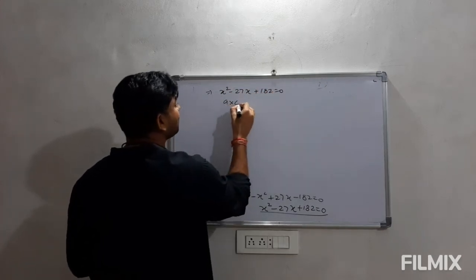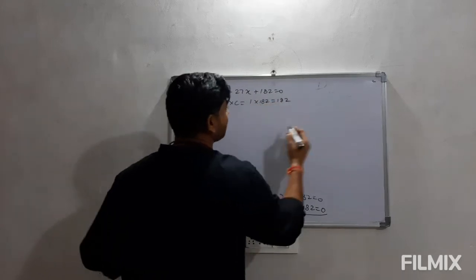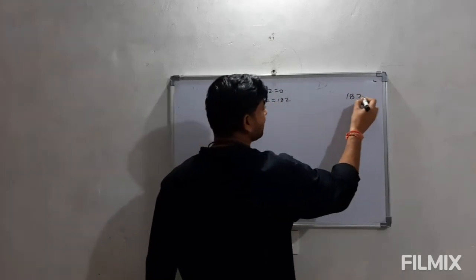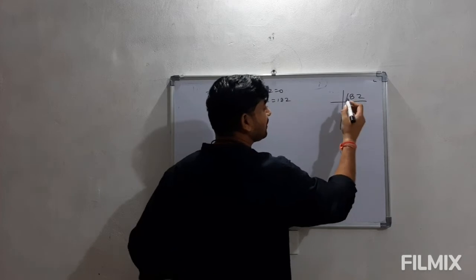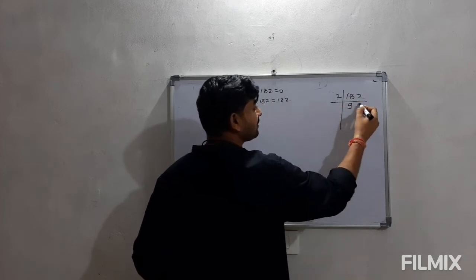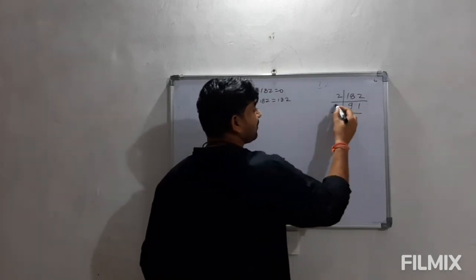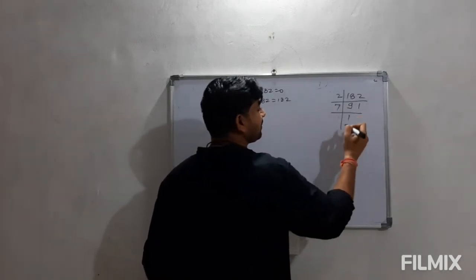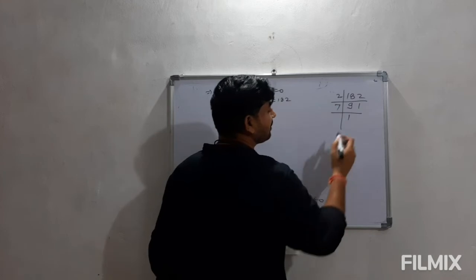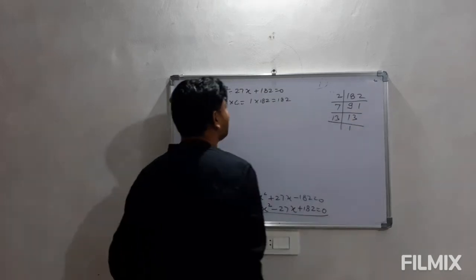Clearly here a into c is 1 into 182, that is 182. तो हमको 182 के फैक्टर्स करने हैं. तो let us factorize. If this is clearly divisible by 2, so we get 91. Now this is divided by 7, so we get 13, and then we have 13 here.